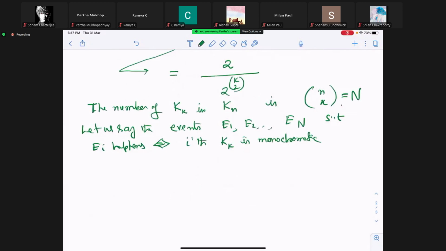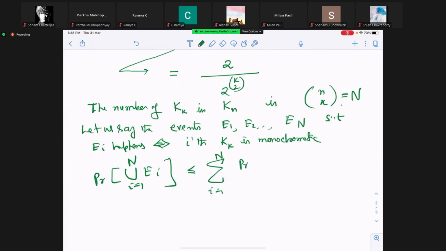Now let's look at the probability of the union of the Ei. That means this is the probability that one of those K_k will be monochromatic, right? And I know that this is bounded by n choose k times this, since capital N is this value.